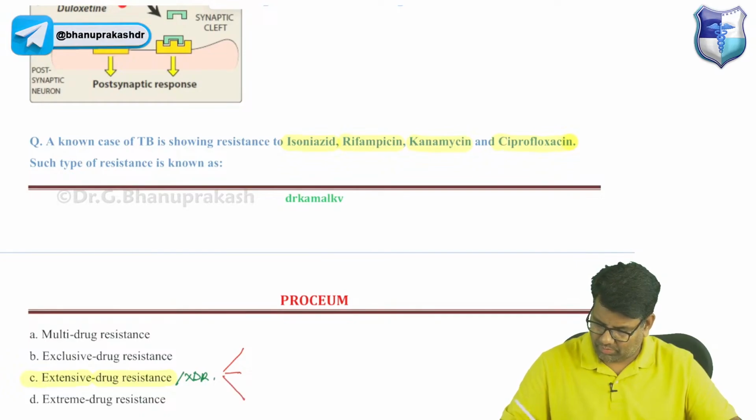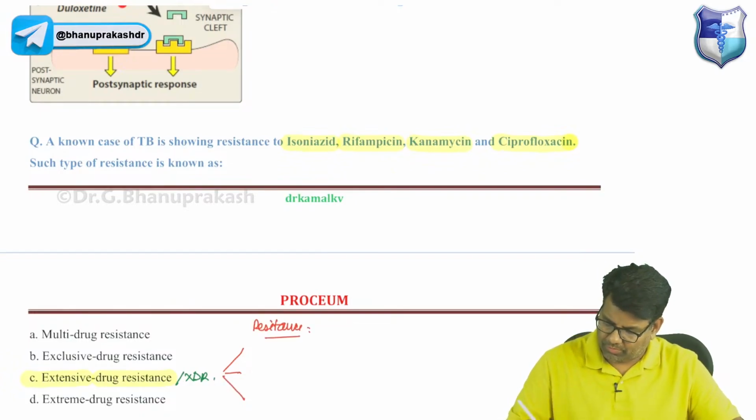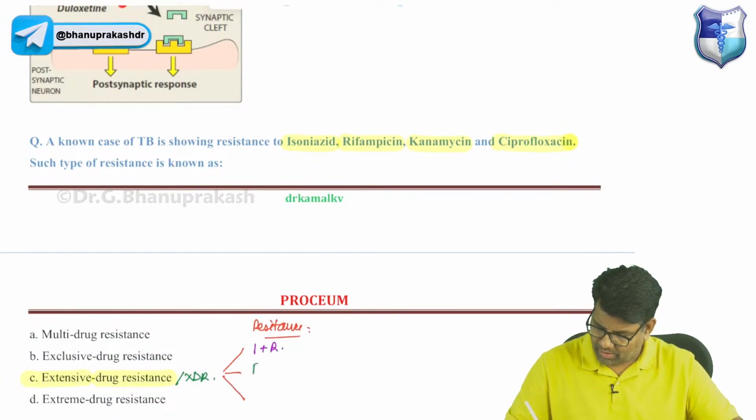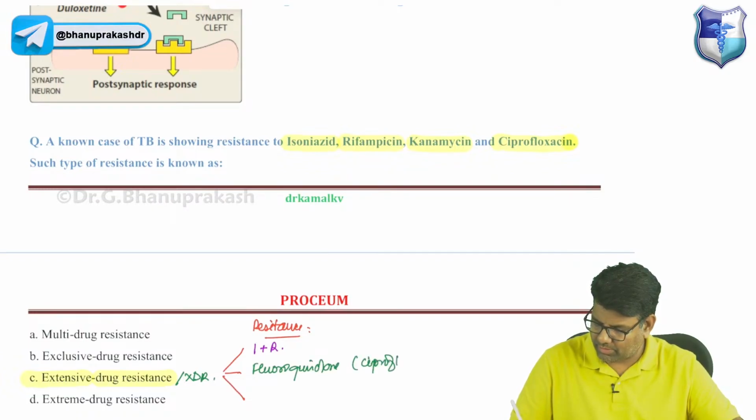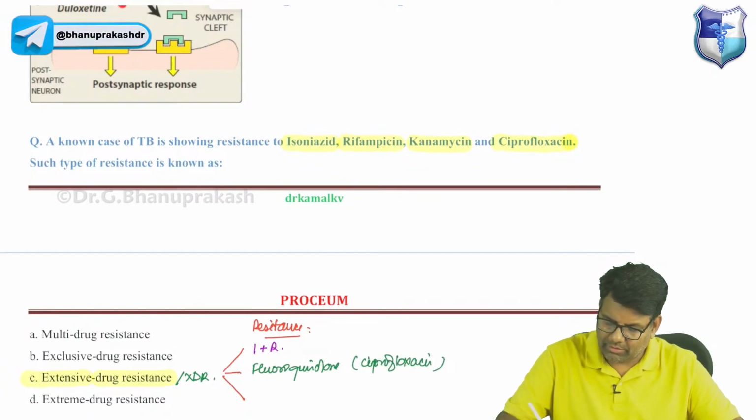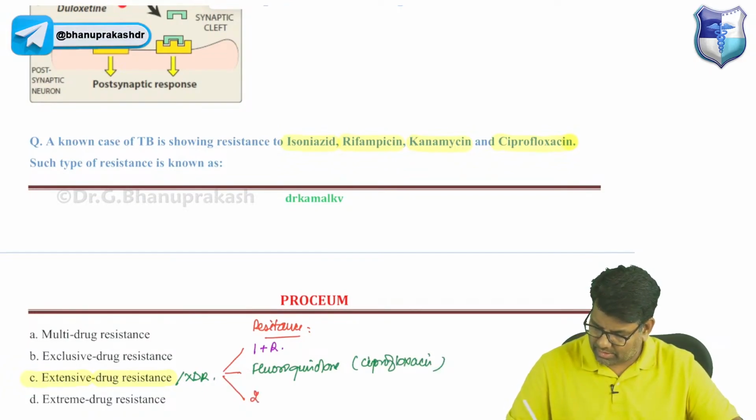There is resistance to isoniazid plus rifampicin, then any fluoroquinolone, in the given question it is ciprofloxacin, and any second line injectable, in this question kanamycin.